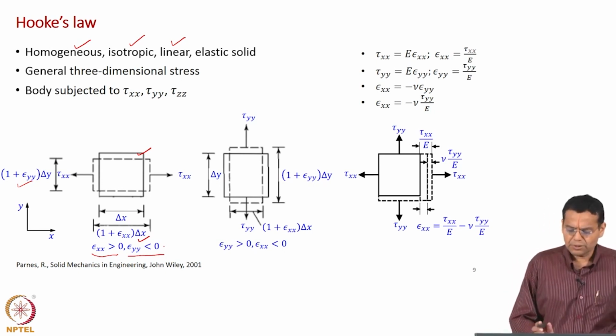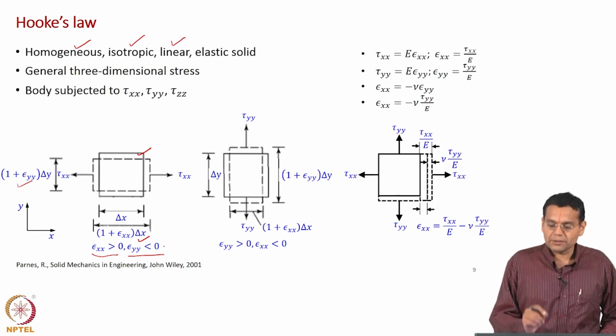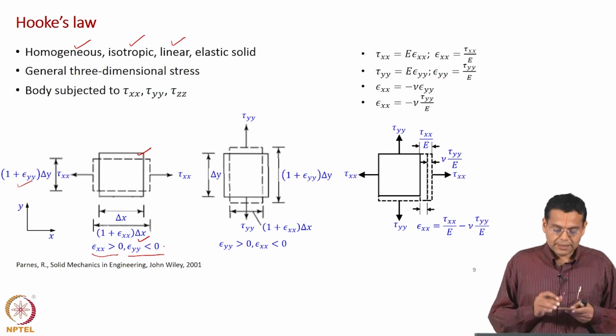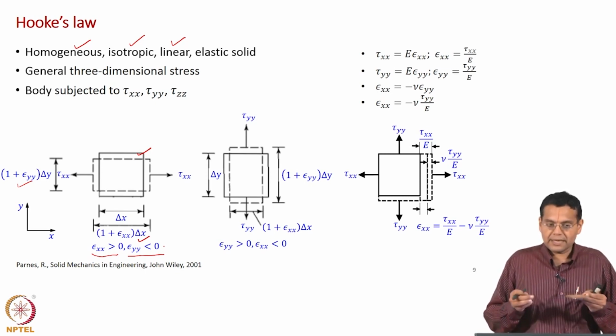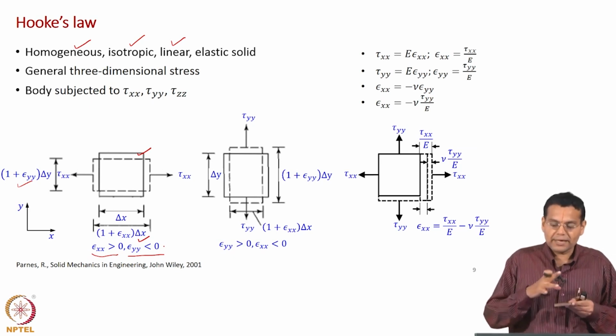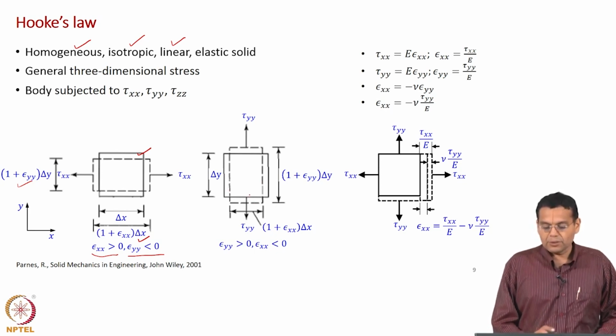Now, what is shown in the second diagram is the same plate subjected to normal stress along y direction. Please note the point, we are subjecting the plate to both normal stress along x direction and normal stress along y direction. So, the second figure shows the plate subjected to normal stress along y direction. Now, there is elongation along the y direction.